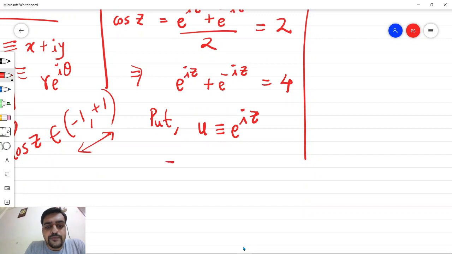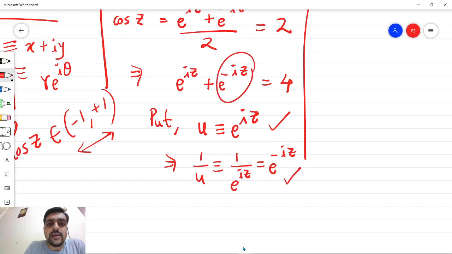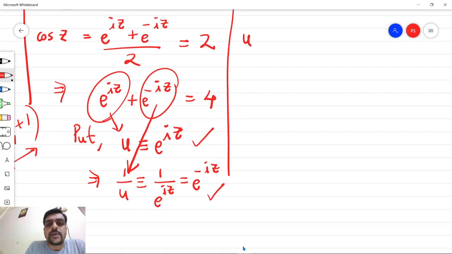So clearly 1 upon u would be 1 upon e raised to i times z, which is e raised to minus iz. So we get a substitution for both of these quantities appearing here. So e raised to iz is just u and e raised to minus iz is just 1 upon u, and they add up to get a value equal to 4.